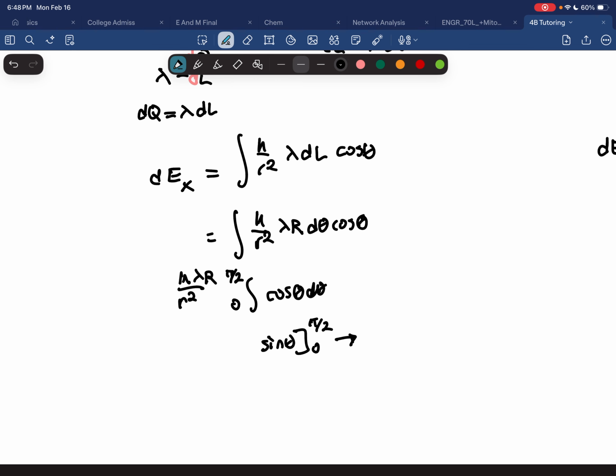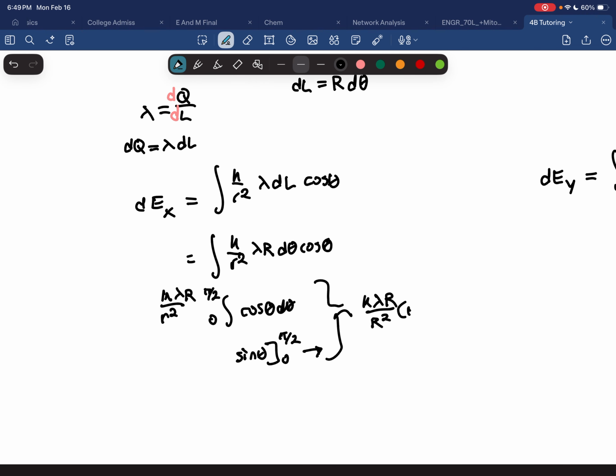Sine of 0 is equal to 0. And so this whole thing just equals k lambda r over r squared multiplied by 1.